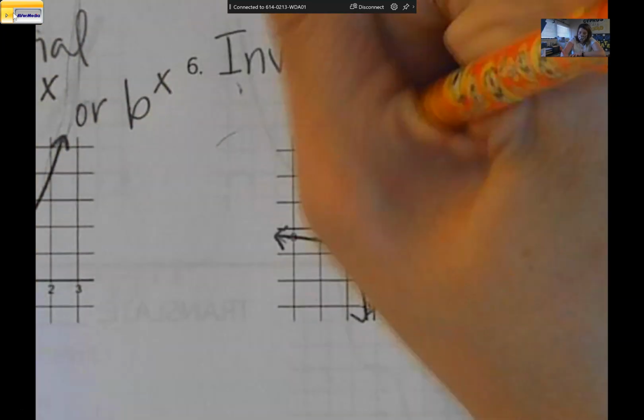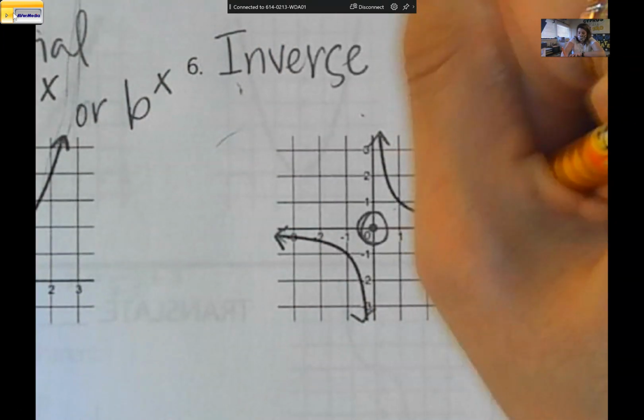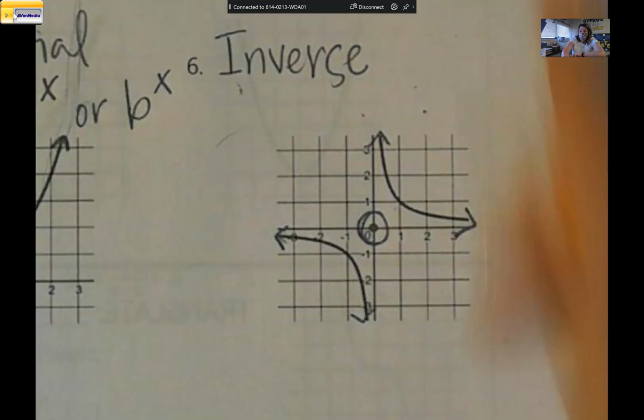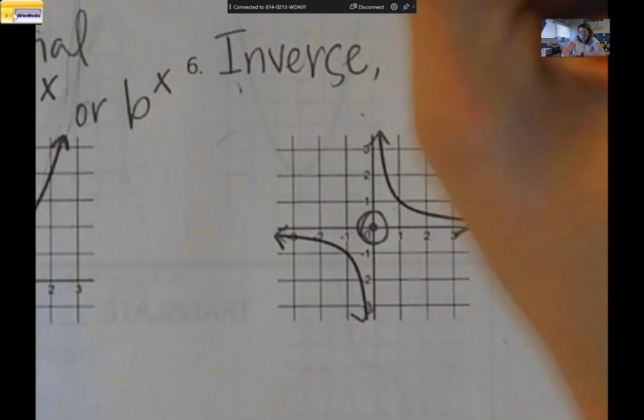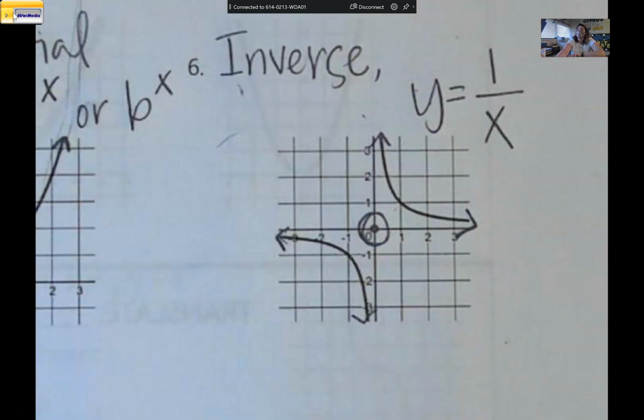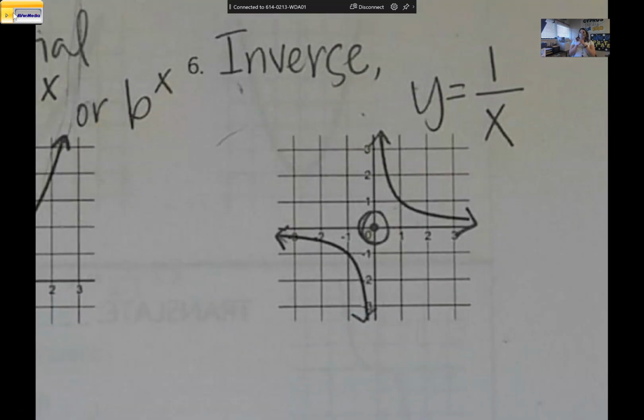And he's like 2 exponential functions. His function is y equals 1 over x. So anytime you have a fraction and x is in the bottom, that's an inverse family.